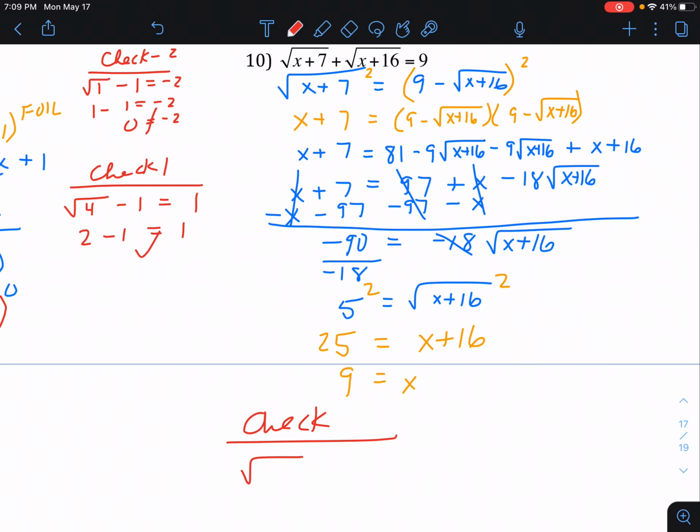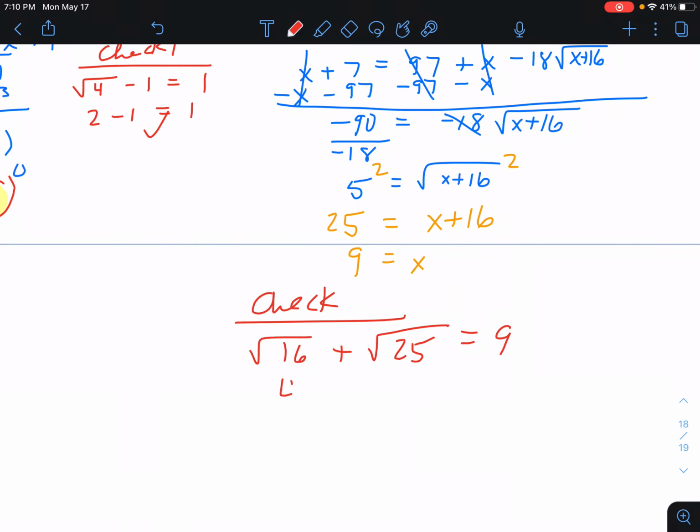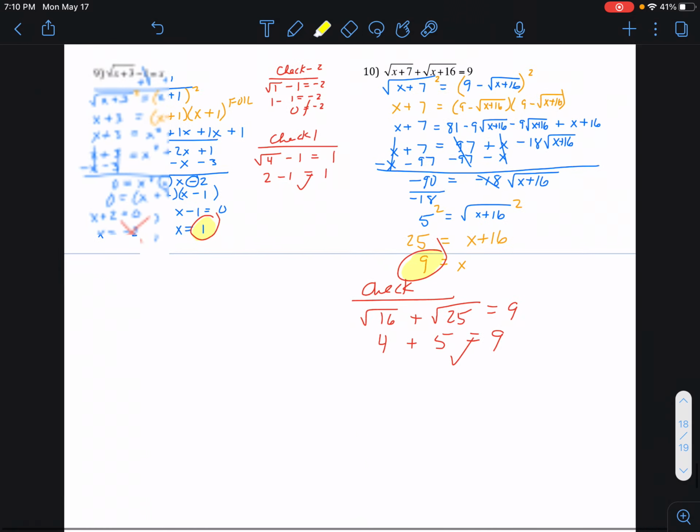So square root of 9 plus 7 is 16, plus square root of 9 plus 16 is 25 equals 9. Square root of 16 is 4, square root of 25 is 5, and 4 plus 5 equals 9. It checks out good. I can now say confidently that 9 is my solution.